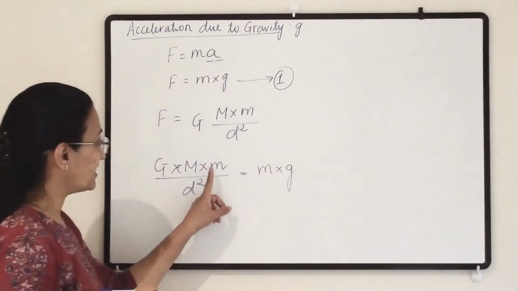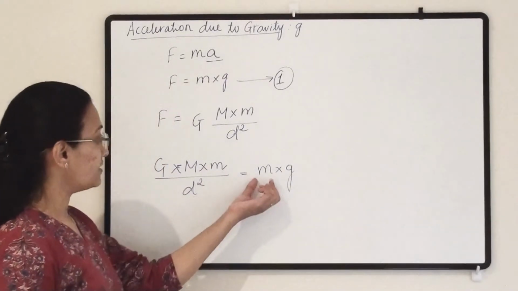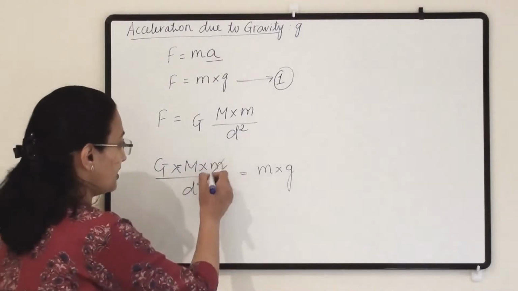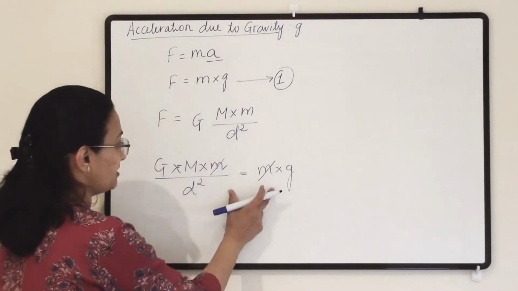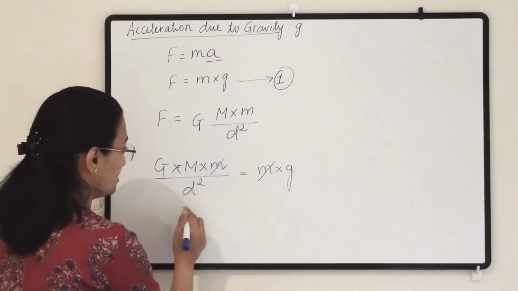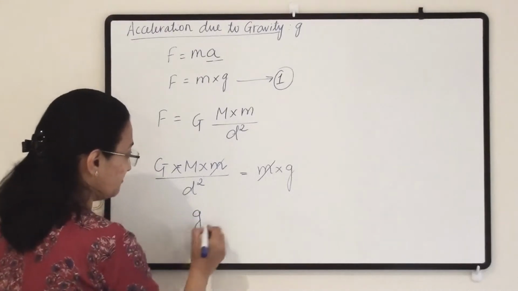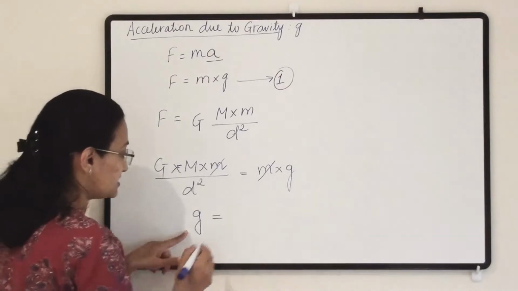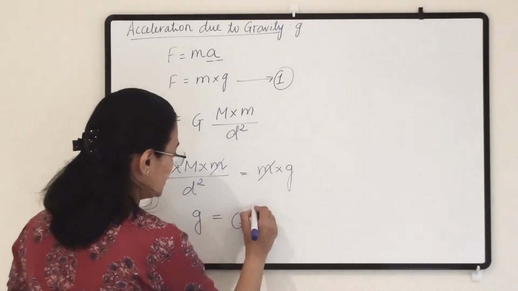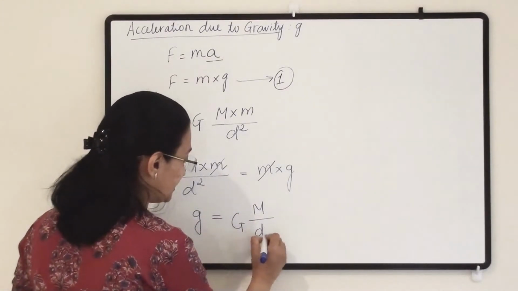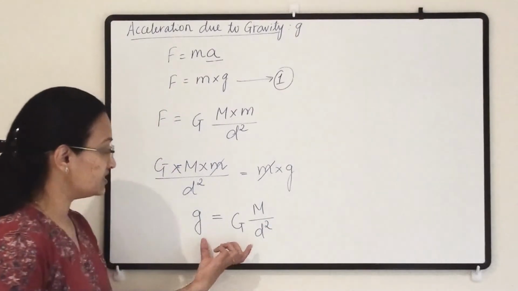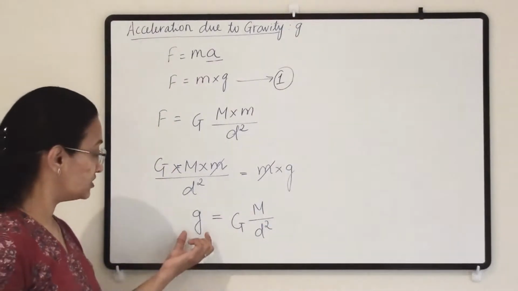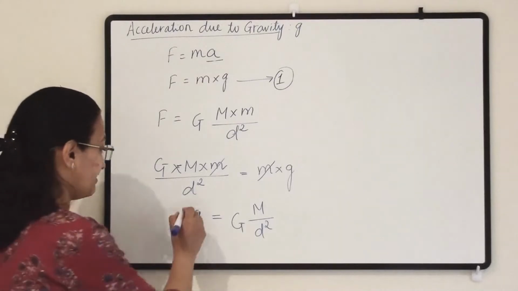Now on both sides small m is there, so we are going to cancel it out. So here we are going to get the value for small g, that is acceleration due to gravity, equal to G M divided by d square. This is a formula to find out the acceleration due to gravity.